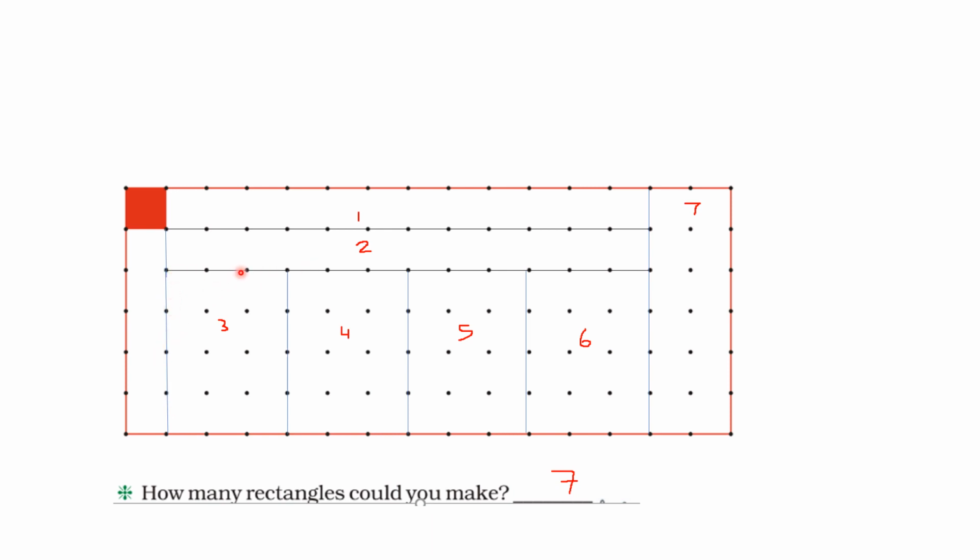That means 3 into 4 measurement. The seventh one, 1, 2, and here 1, 2, 3, 4, 5, 6. 6 is the length and 2 is the breadth. So the measurement is 6 multiplied by 2. So there are 7 rectangles we can make.